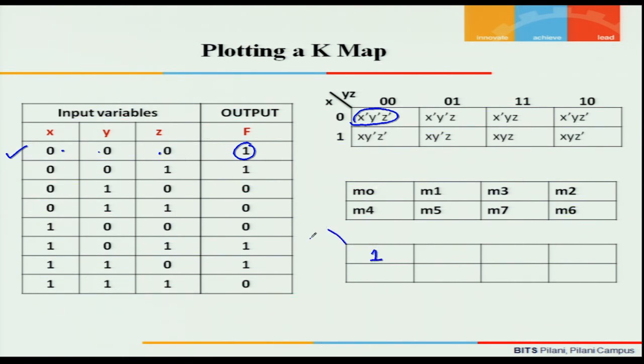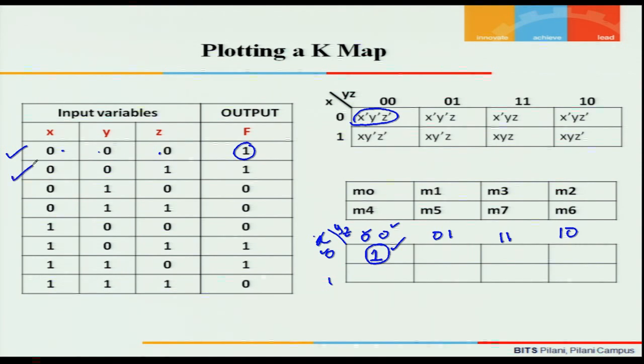So, if my input x is 0, y and z 0 0, so x bar, y bar, z bar, for which output is a 1, is represented here. Therefore, we will fill all the corresponding outputs into the K map entries: 0 1, 1 1, 1 0.